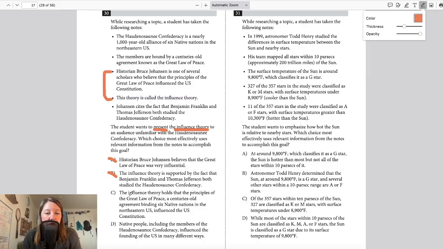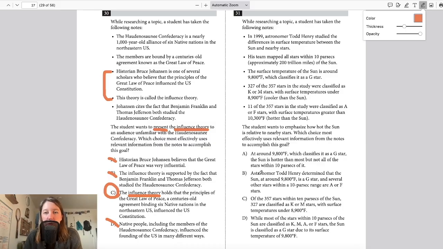It tells us what the thing is, influence theory, and what it holds, what it means, right? The principles of this do that. Okay. D says Native people, including the members of this confederacy, influenced the founding of the U.S. in many different ways. So again, it's like, sure that they influenced the founding, that's true, but it doesn't even mention the influence theory, and it doesn't try to define it at all. So this one is C.